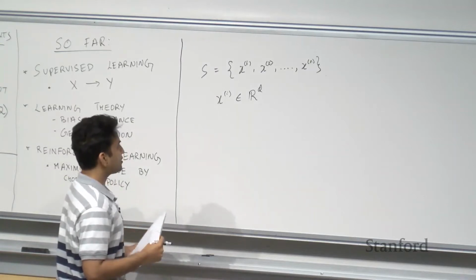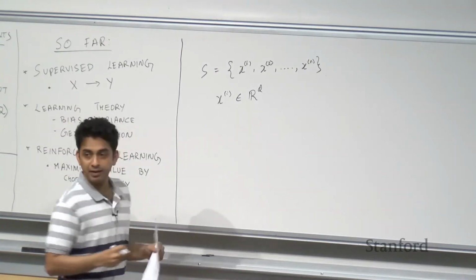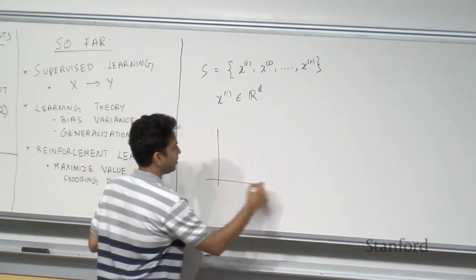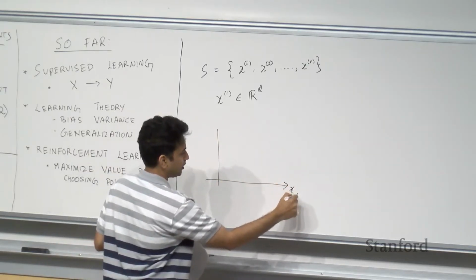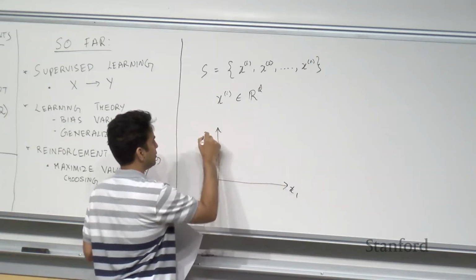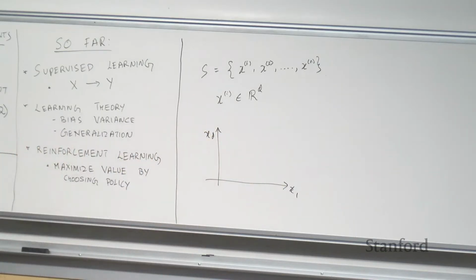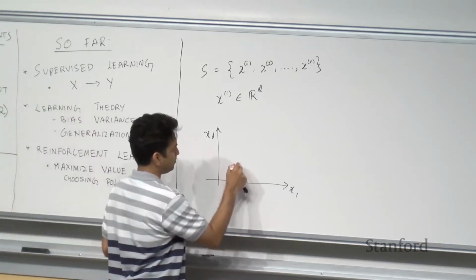So we've seen logistic regression before, and in the case of logistic regression, we had x1, ..., xd. Let me use a few colors here.